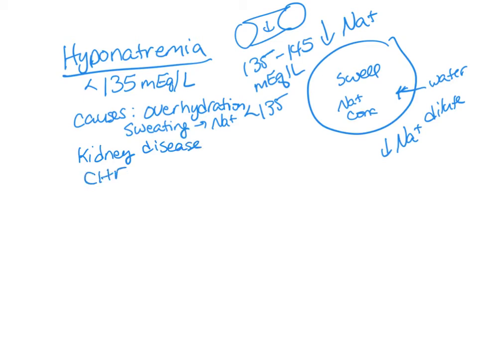Congestive heart failure. This is where an excess of fluid gets built up in the body in the form of edema. Antidepressants and pain medications. They can cause more sweating or urinating than normal, so you're getting rid of sodium that way.